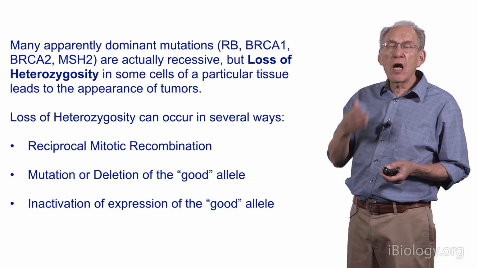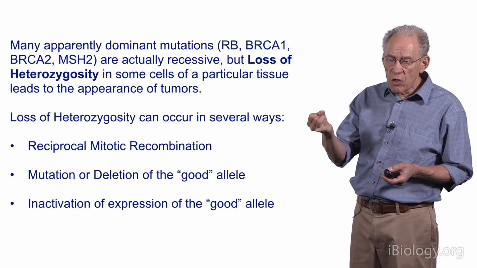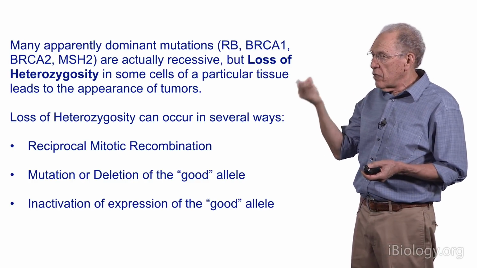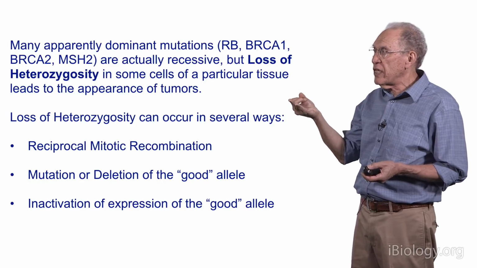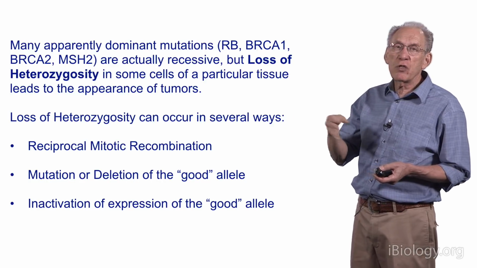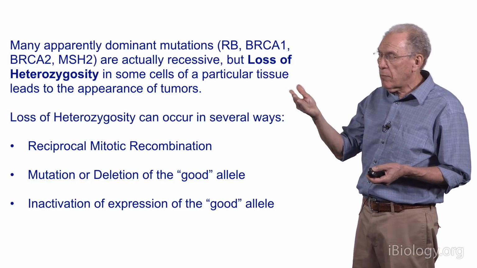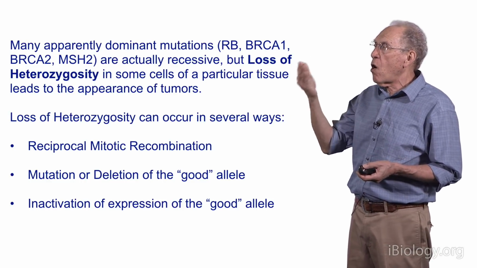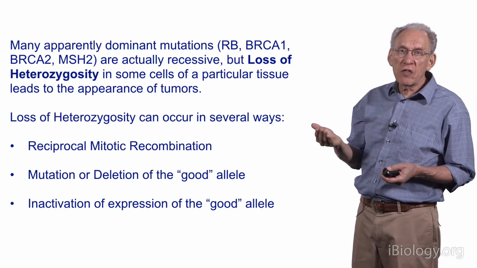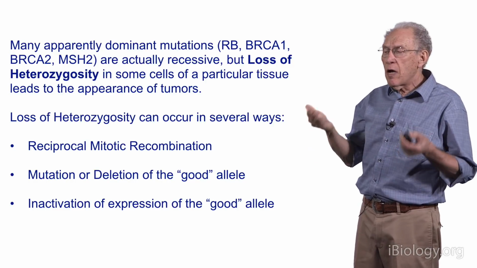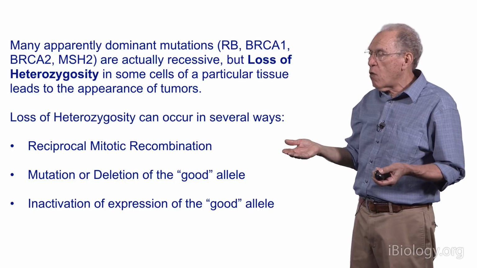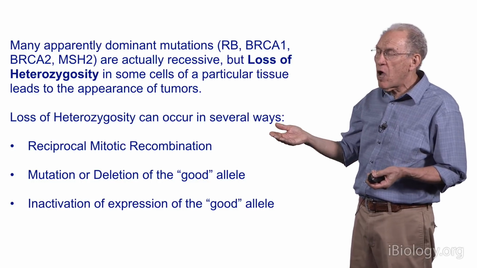It turns out that a number of diseases, retinoblastoma, the deficiencies in breast cancer, BRCA1 or BRCA2, the two familially inherited breast cancer mutations, something called Lynch syndrome, are all intrinsically recessive mutations. They don't have a real phenotype when there's a wild type copy around.